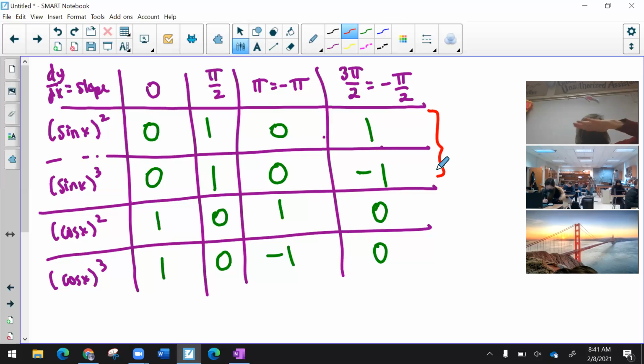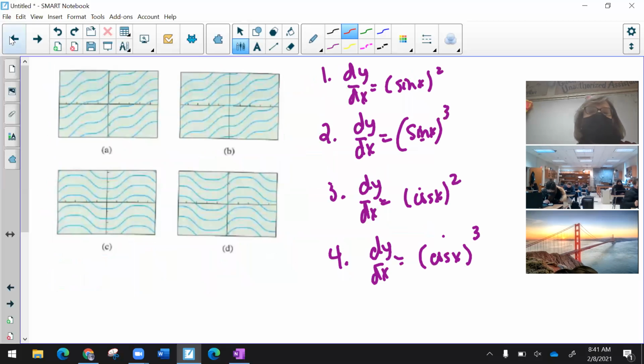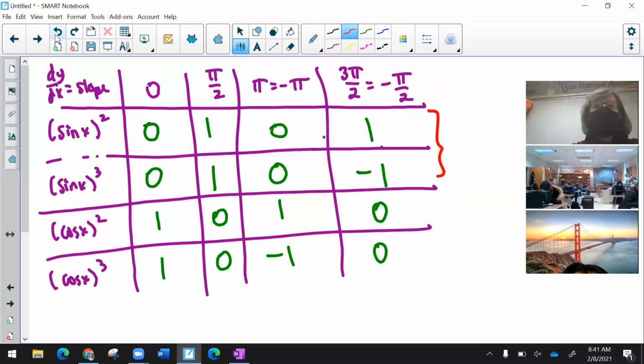It's a horizontal line, right? So let's look back at our pictures here. Which of my graphs have a slope of 0, a horizontal tangent line at the origin? C, is that the only one? B, okay. So these could be B or C.